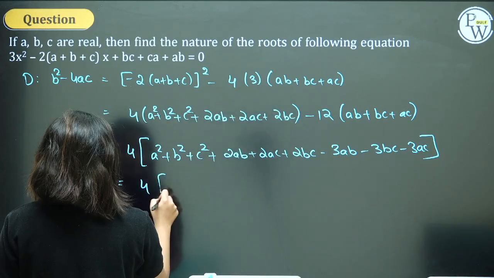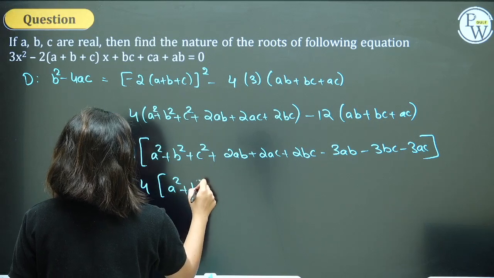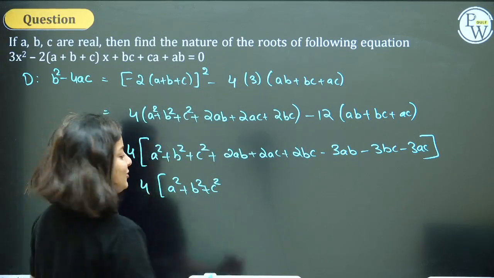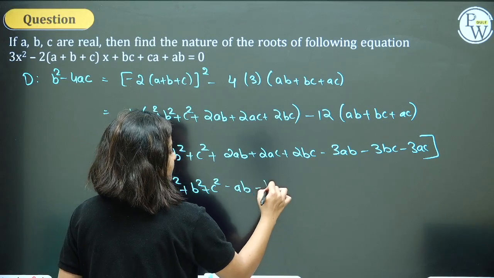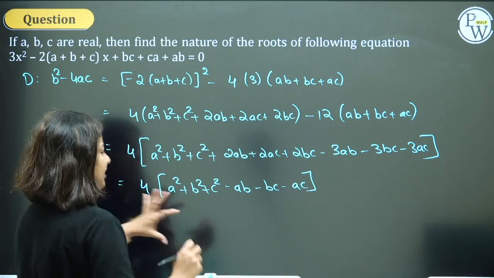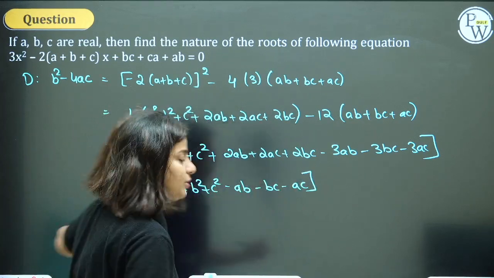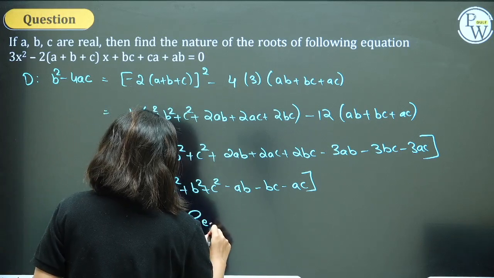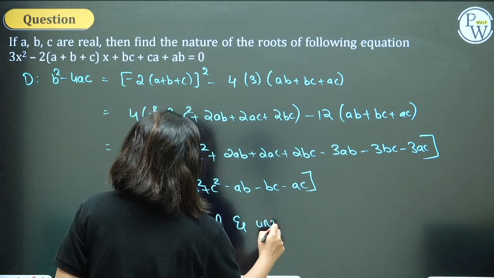Rewriting the terms inside, you can see something is happening with ab and 3ab. 2ab minus 3ab is minus ab, minus bc, minus ac. And we can very clearly say that this bracket is going to be greater than 0 and therefore the roots are going to be real and unequal.